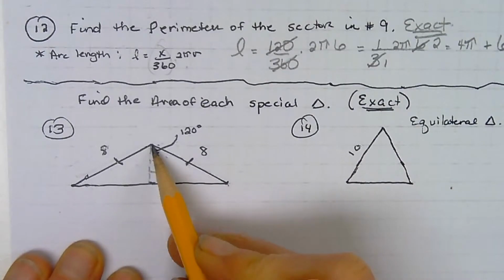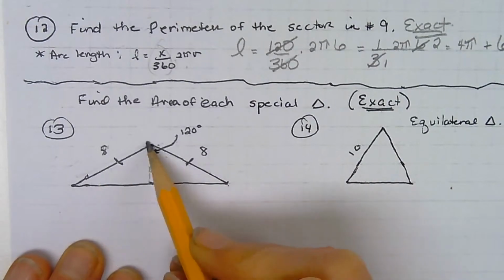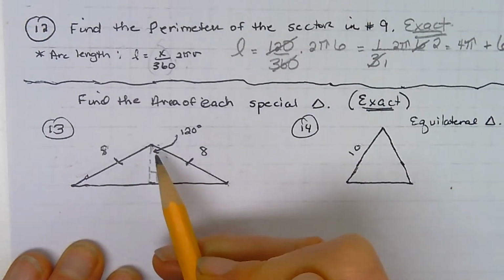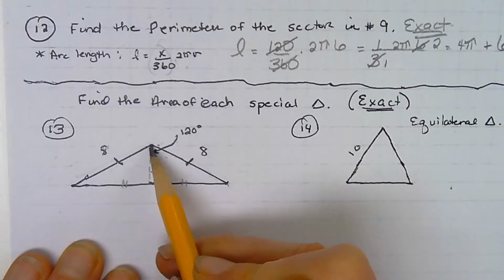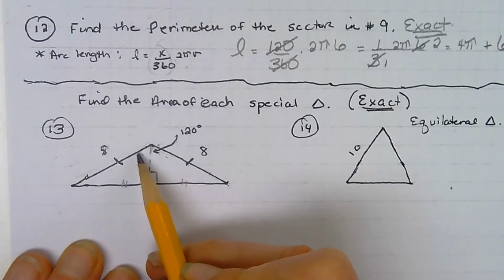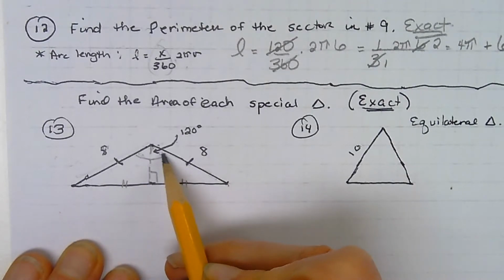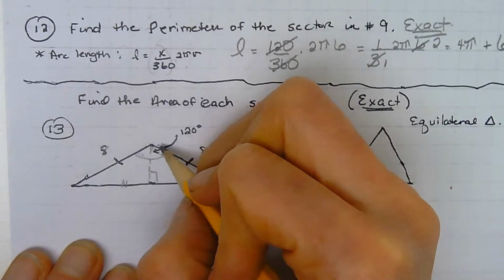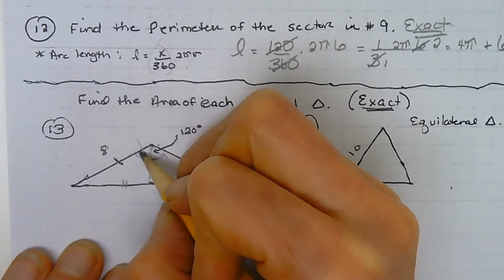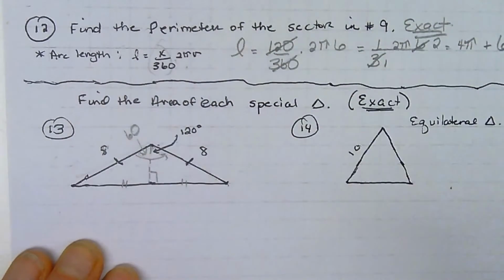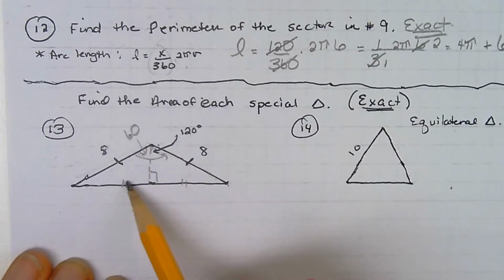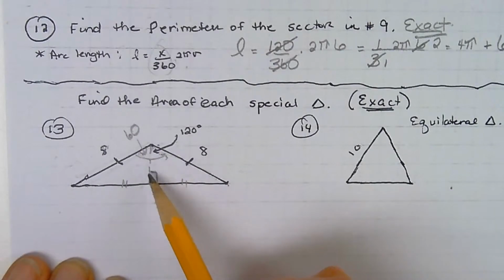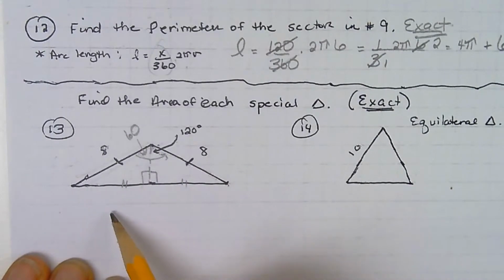If you drop a height down from the vertex angle of an isosceles triangle, then it not only bisects this side and this side, but it also bisects the angle. So this whole angle was 120, then this angle right here is 60. So what we have is a 30, 60, 90 triangle for half of this isosceles. This is 60, this is 90, this is 30.